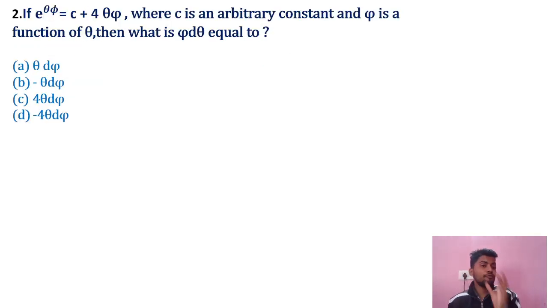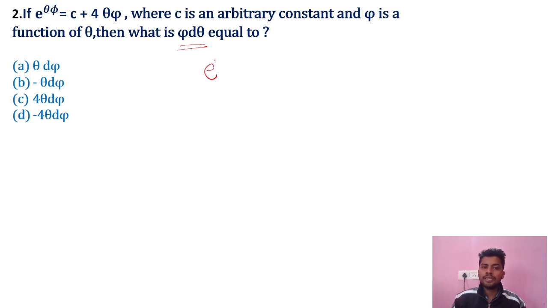Next question is, if e to the power theta phi is equal to c plus 4 theta phi, where c is an arbitrary constant and phi is a function of theta, then what is phi d theta equal to? As we know that e to the power theta phi is equal to c plus 4 theta phi, and we have to find phi d theta, we have to differentiate with respect to theta.